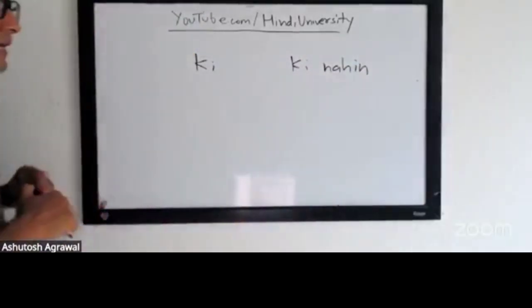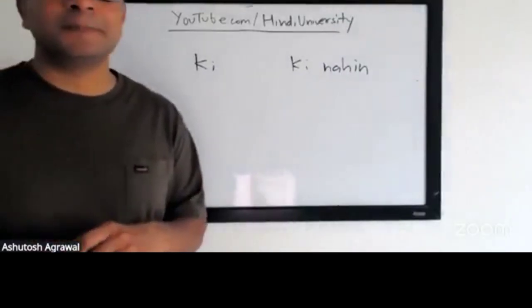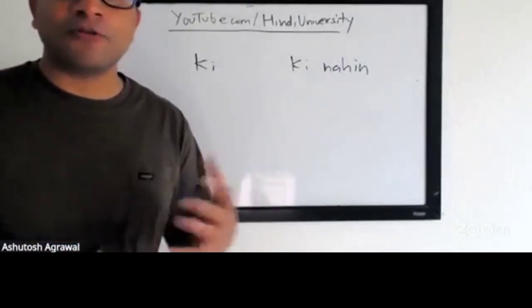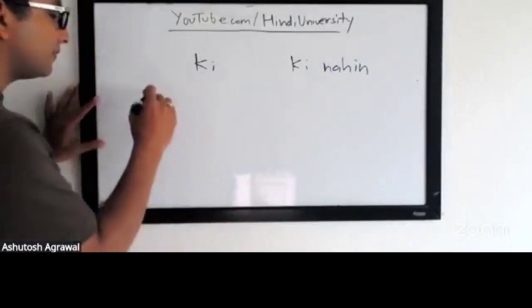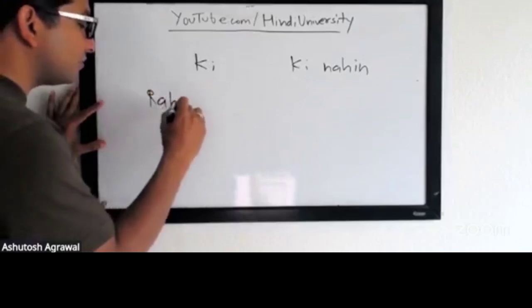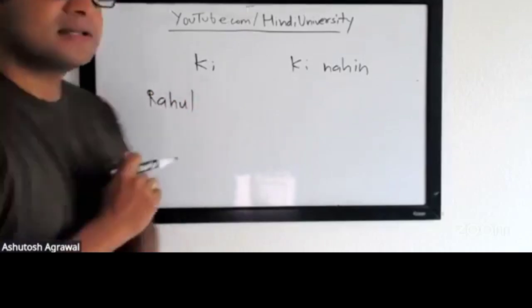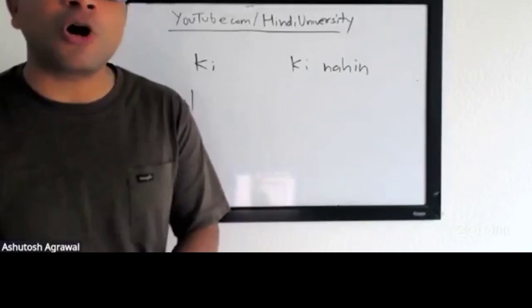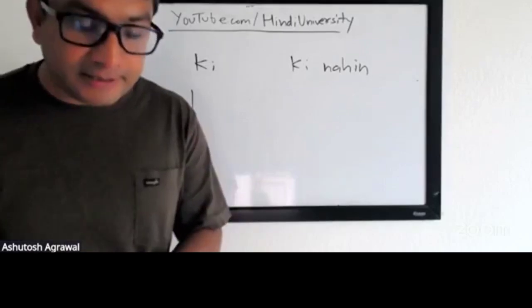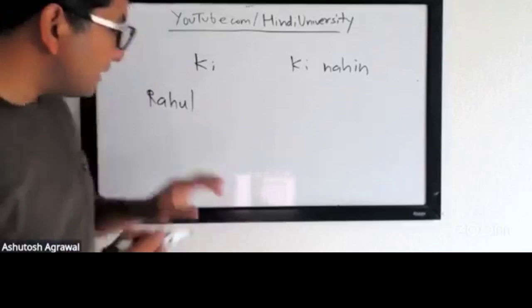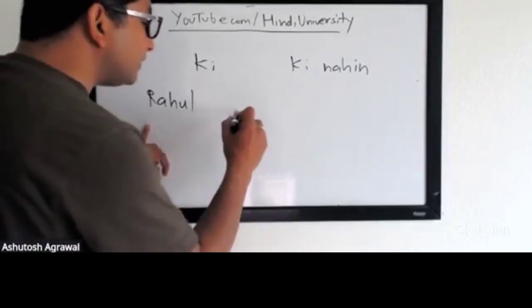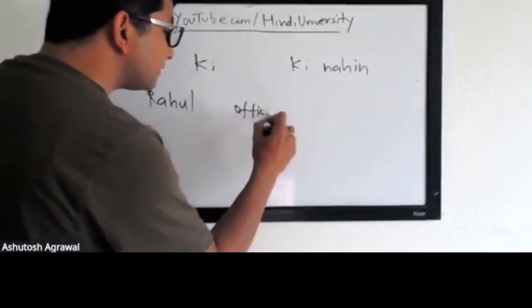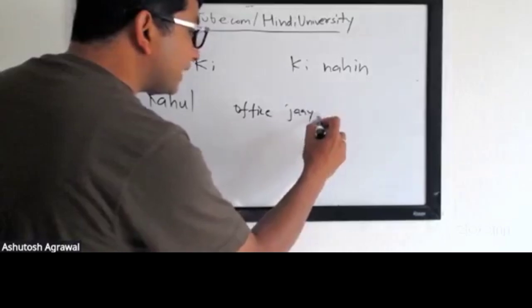Okay, so let's say your friend, let's say Rahul, your roommate, and you're not sure whether he will go to the office or not. Uncertainty. Okay, so one is Rahul will go to office, Rahul office jayega.